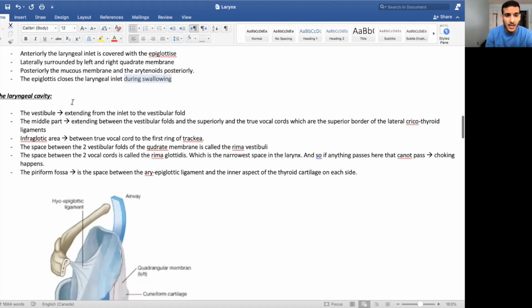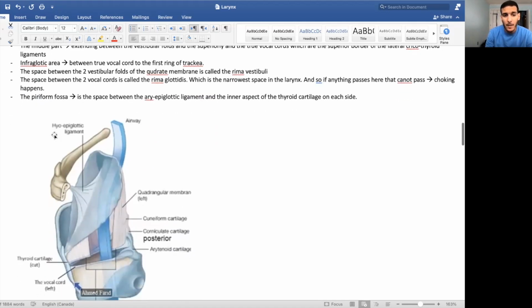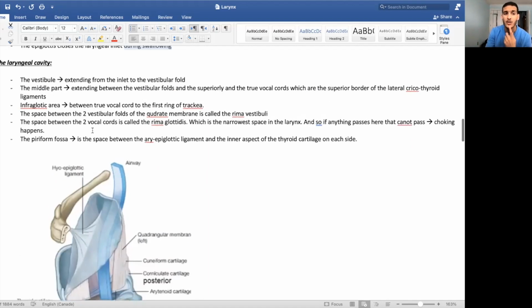The laryngeal cavity is basically all the hollow passage that the air takes from the laryngeal inlet until it reaches the trachea. It's made up of three parts, as far as I remember, and these three parts have different compositions.